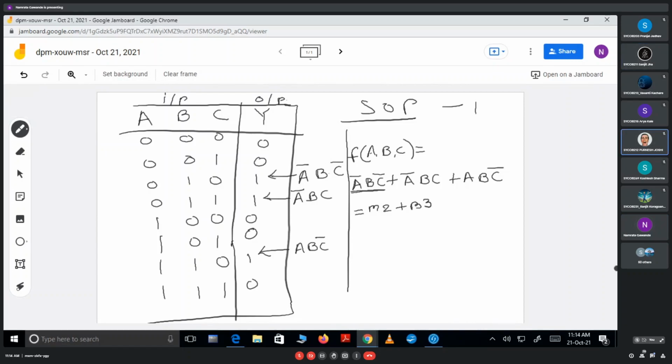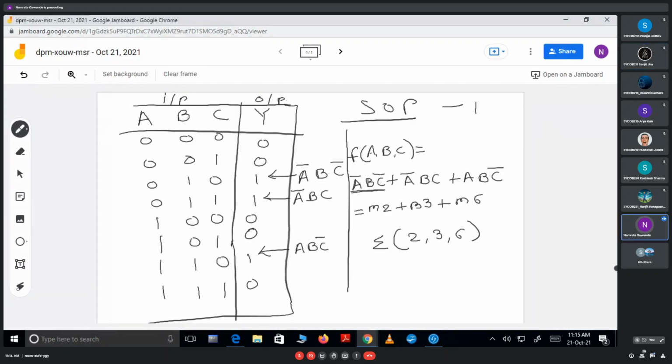So M2 plus M3 plus M6. Then another notation that you can write is in terms of summation of 2, 3, 6.